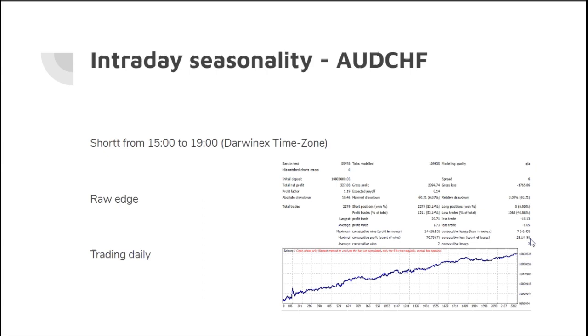This is an intraday one. I'm shorting the market every single day, no matter what the trend or volatility is. I don't care about the factors right now. I just want to classify the market trend, and as I can see here, we have a very clear trend during this span of 4 hours.